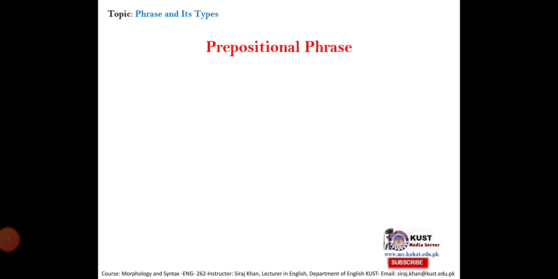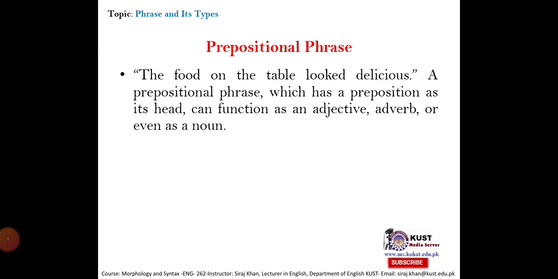Prepositional phrases are groups of words containing prepositions. Remember that prepositions are words that indicate the relationships between various elements within a sentence, and you will never have difficulty identifying prepositional phrases, like the food on the table looked delicious.